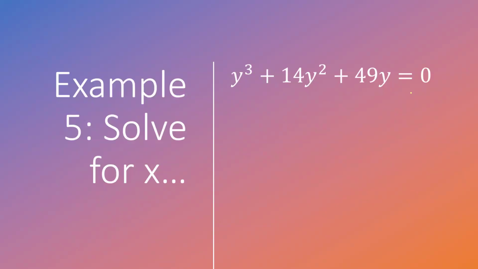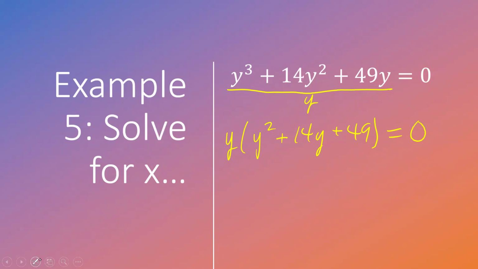Okay. So looking here, is there a variable GCF that I can factor out so that this can become a quadratic? Y. So I can factor each term by Y. So we're going to take our GCF, which is Y, and factor it out. Y cubed divided by Y is Y squared, 14Y squared divided by Y is 14Y, and then 49Y divided by Y is 49.